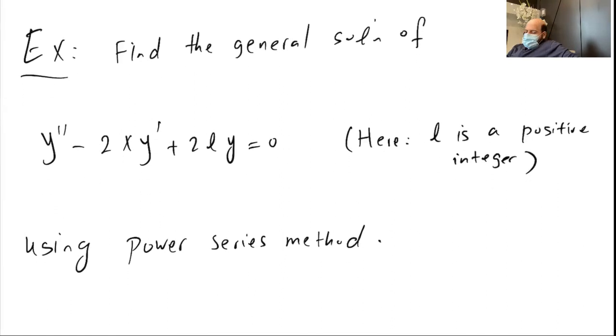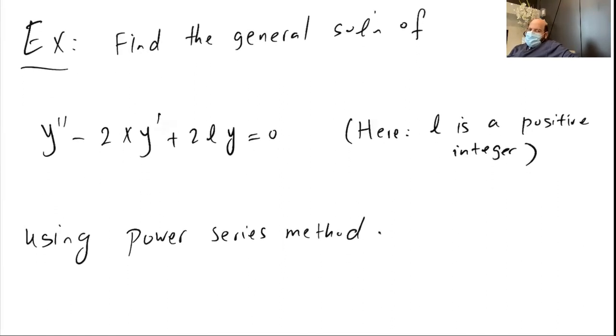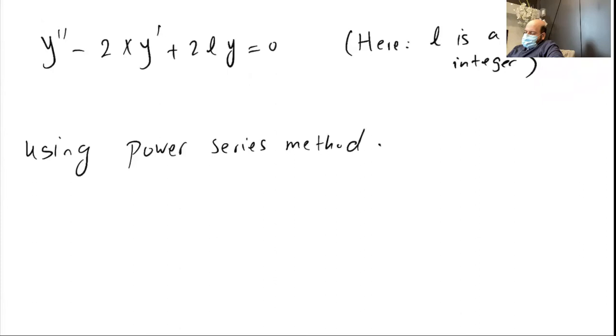So again, in this question, x naught is not given. We have to choose x naught. If we can choose x naught to be 0, then go ahead and choose it as 0. Here, p of x equals 1, the coefficient of y double prime is 1.